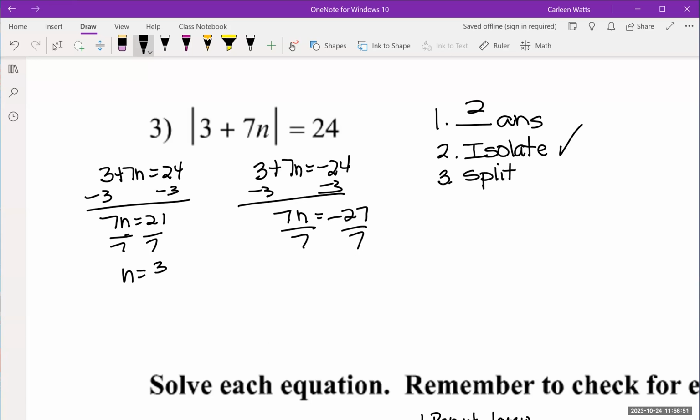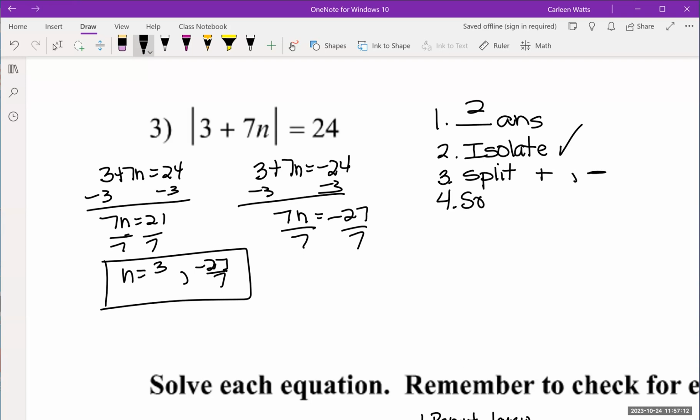Divide by 7. So n is equal to negative 27 over 7. Okay, so predict 2 answers. Isolate the absolute value. Split into a positive and a negative, and solve. And we are done. And you are awesome, hanging in there.